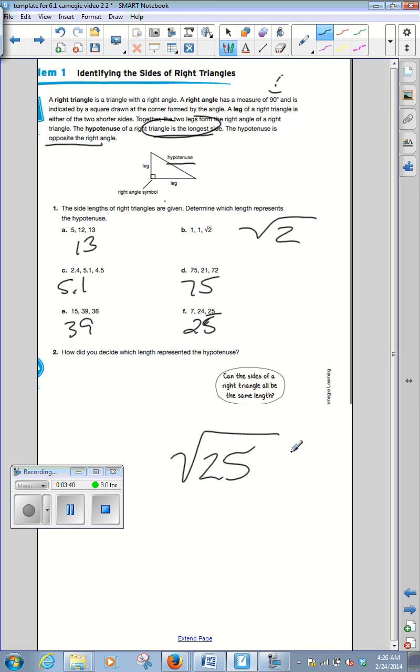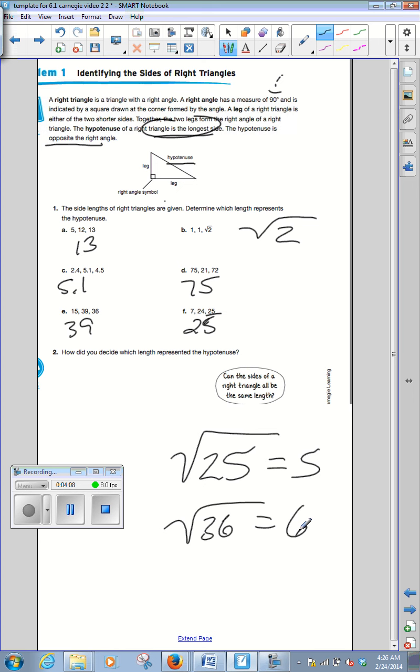If this isn't ringing a bell, make sure that you go back, and we have a whole wall with some stuff on square roots that you can do. But for our little mini review, you just think to yourself, what number times itself gives you 25? That would be 5. Square root of 36: what number times itself gives you 36? That number is going to be 6.